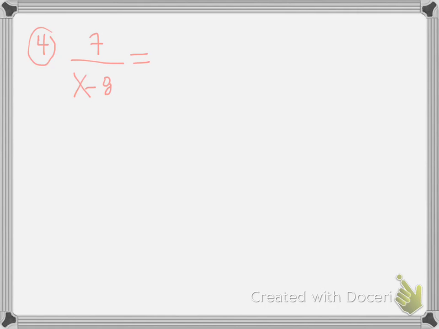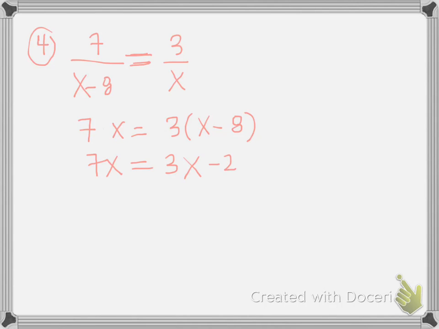Alright, if we had a proportion, remember we multiply the numerators and the denominators, so basically we cross multiply over that equal sign. So we're going to say 7 times x is going to be equal to 3 times x minus 8. So we'll have a 7x is equal to 3 times x, which is a 3x, and 3 times negative 8, which is a negative 24.